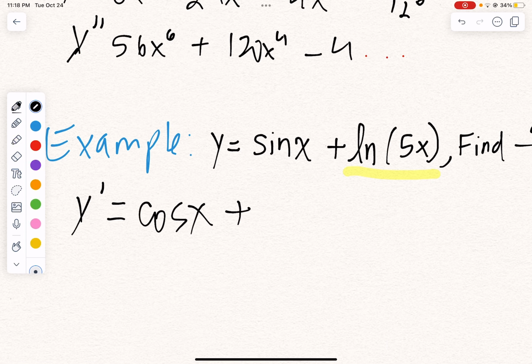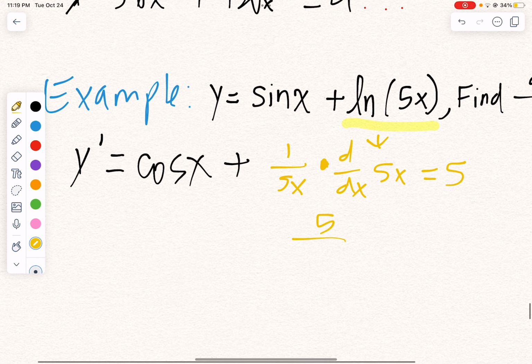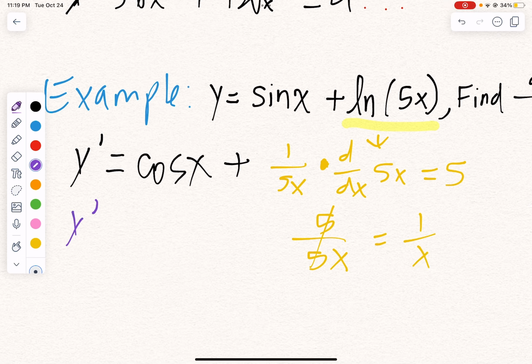So that would be 1 over 5x times d over dx of 5x, which is literally just equal to 5. And this will turn into 5 over 5x, and these x's cancel, so it would just equal 1 over x. So y prime would equal cosine x plus 1 over x.